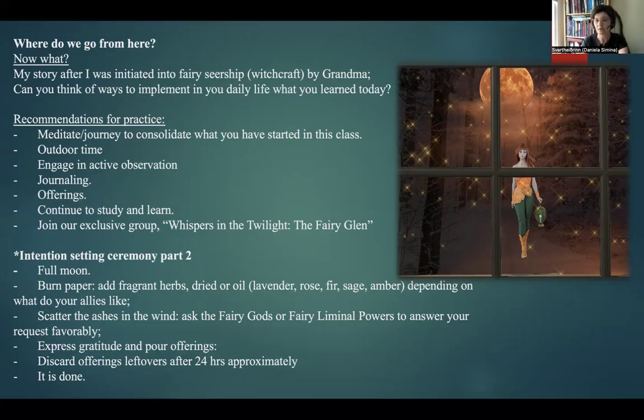I was about 9. I was trying to do those things, hiding from grandma, but I really wanted to have this connection with fairy beings, and she really didn't want me to have this connection, but it happened nevertheless. So dealing with a very stubborn child, that would be me, very prone to mischief and trouble, what a shocker, she decided that it's better to tell me how to deal with these beings and actually initiate me, kind of help me establish this connection.